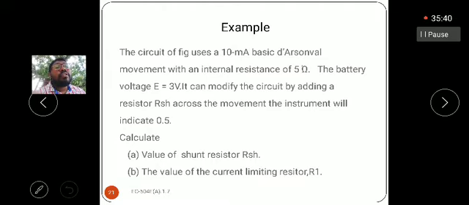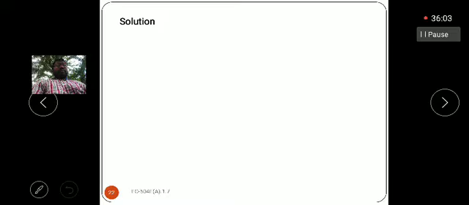The question is: we can modify the circuit by adding the resistor RSH across the movement, and the instrument will indicate 0.5. Here you have to calculate the value of shunt resistance RSH and the value of the current limiting resistor R1. Solution.